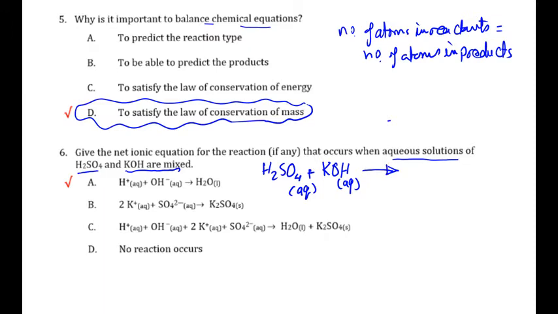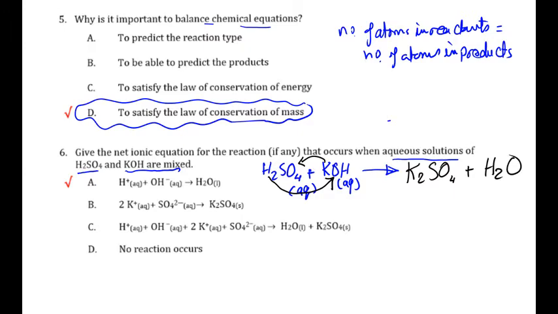This type of reaction is a double replacement reaction. In a double replacement reaction, K is going to exchange its position with H. Positive ions exchange their positions, giving K2SO4 plus H2O.